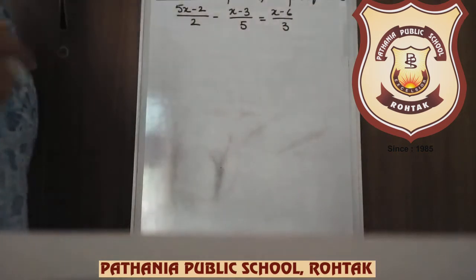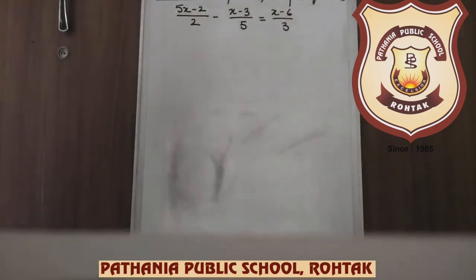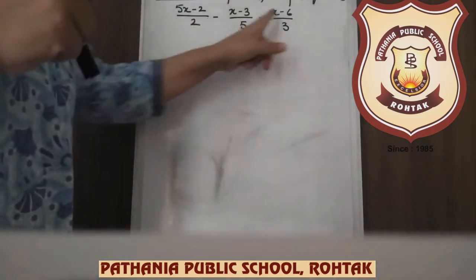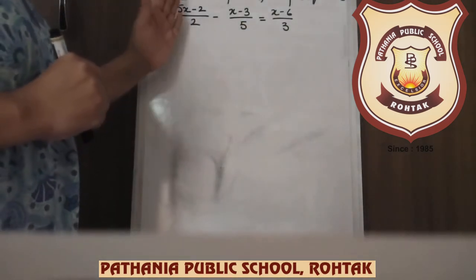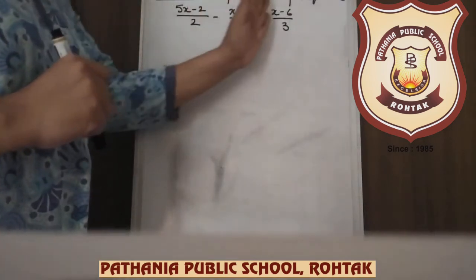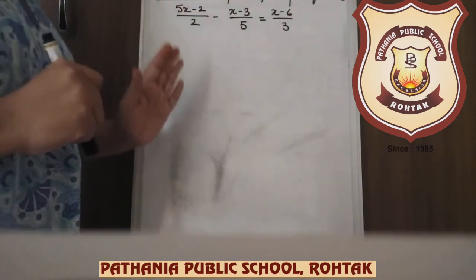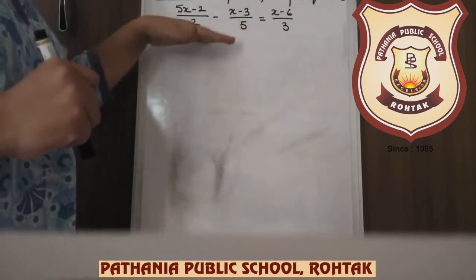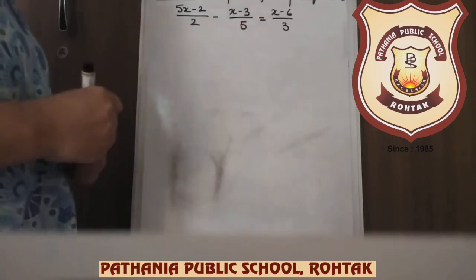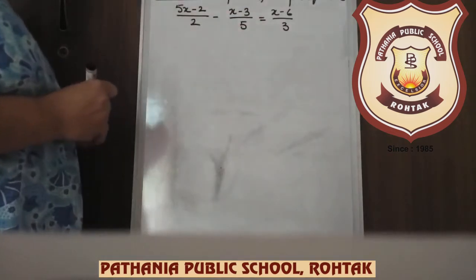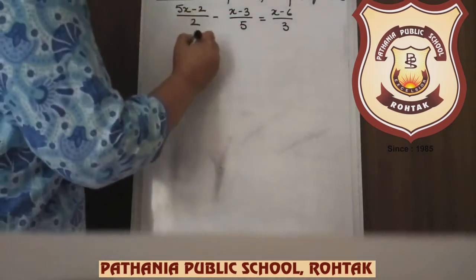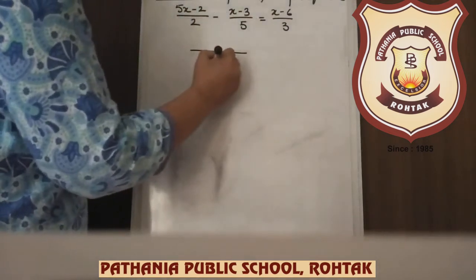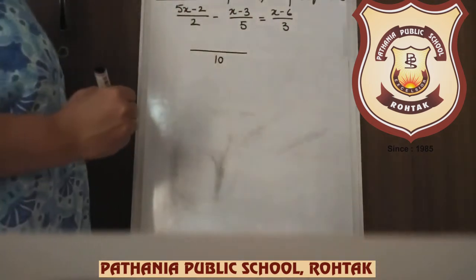Now if you see here, all these are in fractions and no variable term is written independently. So whenever a question of this type comes, the first step is to take the LCM. Without the LCM you cannot separate. So the LCM of 2 and 5 is going to be 10. Okay.